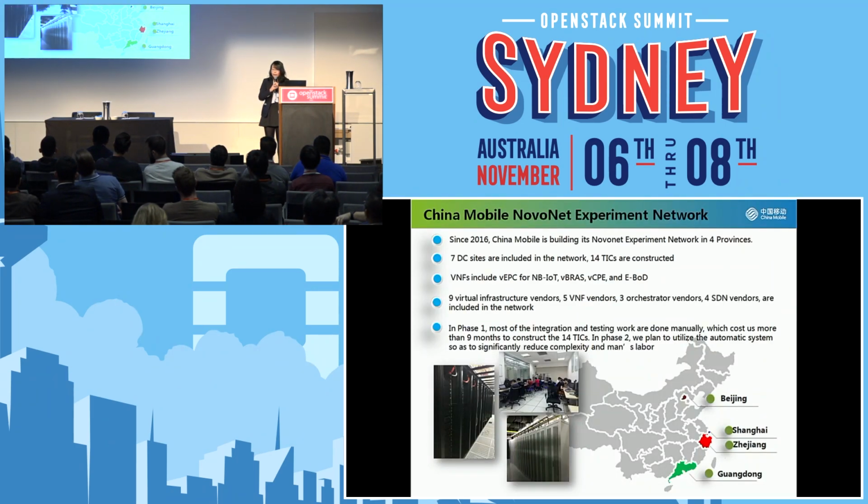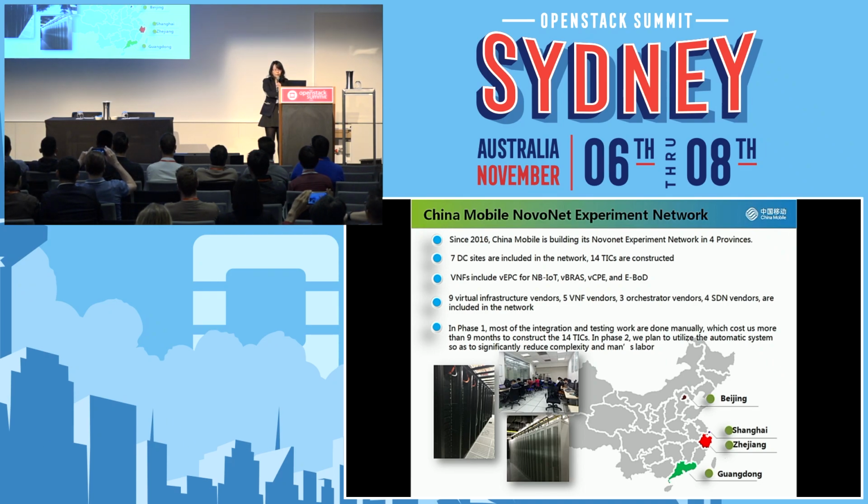So I will introduce more about the Novonet experiment network, which I'm mostly working on, and show you the problem we're facing. This network is built now in 4 provinces, namely Beijing, Shanghai, Zhejiang, and Guangdong. And we actually have 7 data center sites included in the network.